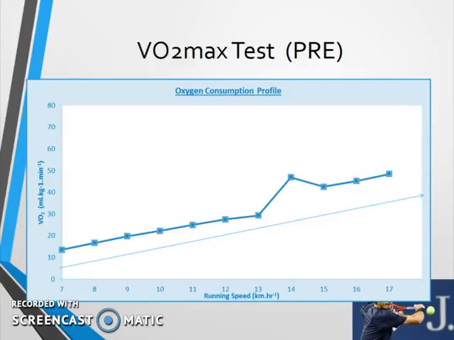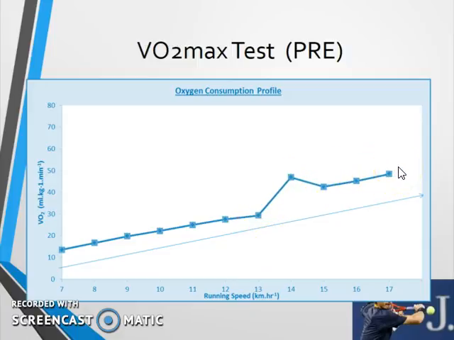So the VO2 max test beforehand. As we can see, this is before he was doing the training. He has a high VO2 line, and as we can see it increases with running speed and jumps here and carries on.